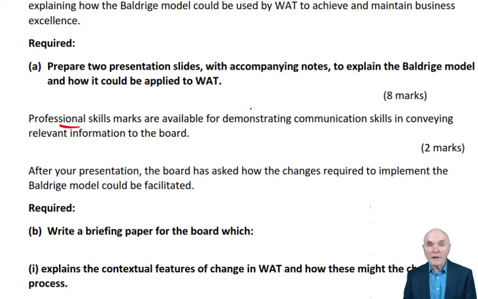You either know this or you don't. This paper really is a mixture between knowing some models, frameworks, facts, if you like, and applying those models, frameworks, facts. And here we're asked to explain the model and how it could be applied, a very classic sort of thing to be doing.